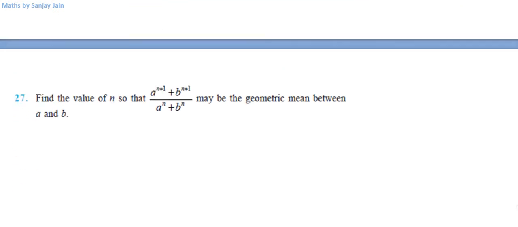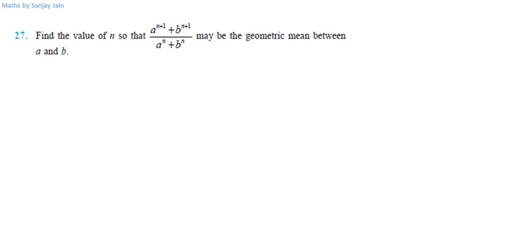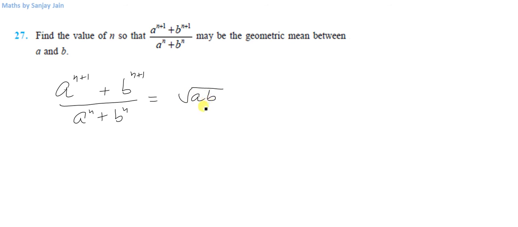Find the value of n so that this may be the geometric mean between a and b. So what is given is that a raised to power n plus 1 plus b raised to power n plus 1 divided by a raised to power n plus b raised to power n is equal to square root of ab. This is the geometric mean, right?